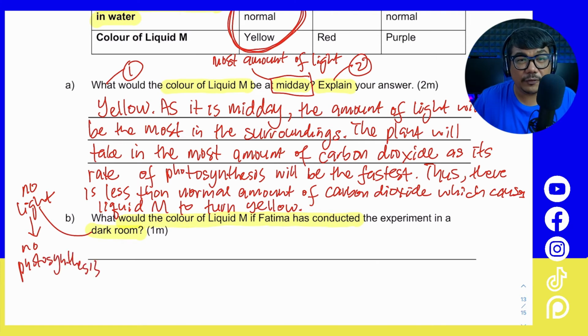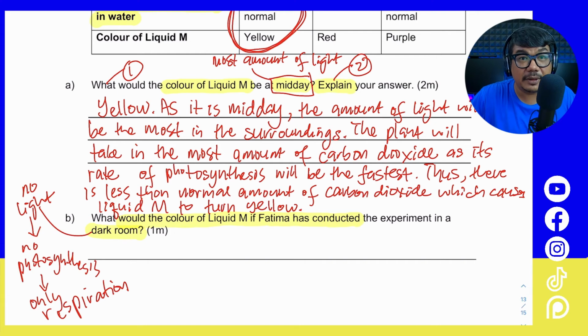So, since there's no photosynthesis, there's only one other process that is going to take place, which is only respiration. And we know that respiration produces carbon dioxide.